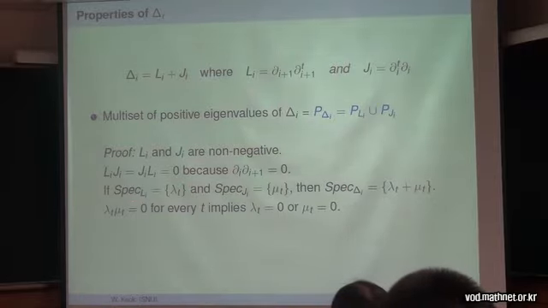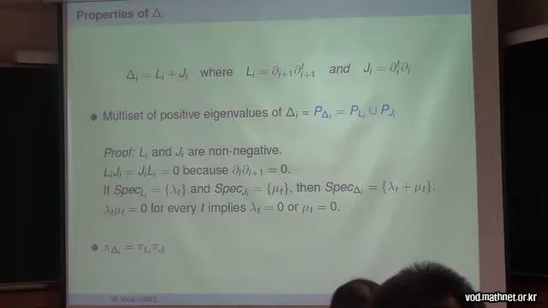If you call the eigenvalues of L_i the lambda_t's and the eigenvalues of J_i the mu_t's, then the eigenvalues of delta_i will be lambda_t plus mu_t. But because of this property, the product of lambda_t and mu_t has to be 0, so they cannot both be non-zero. That implies either one or the other has to be 0.